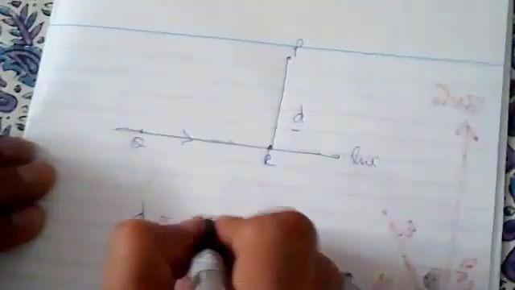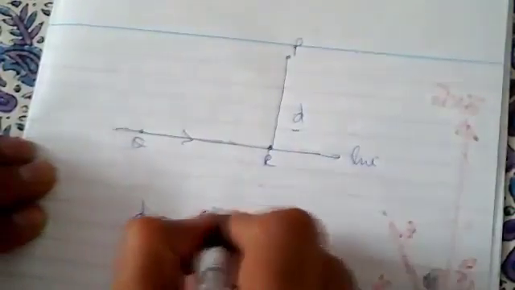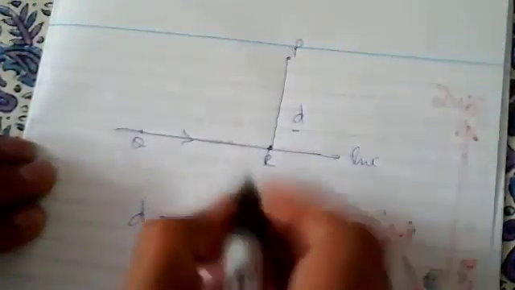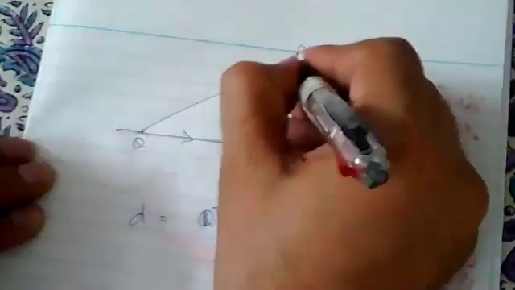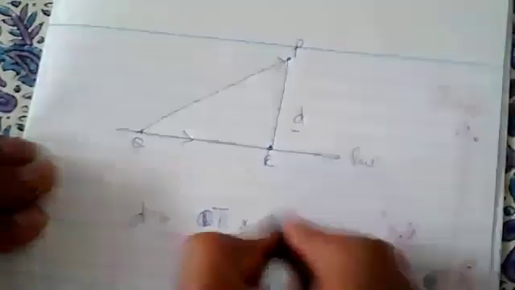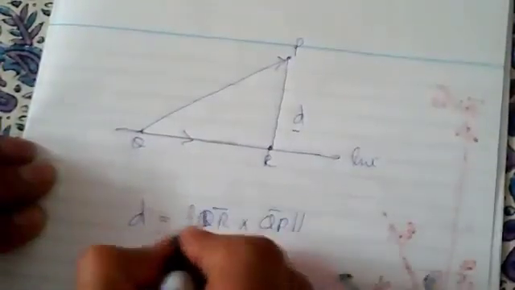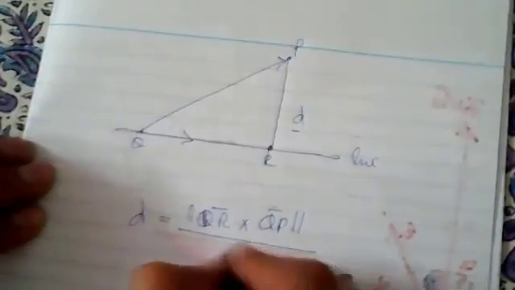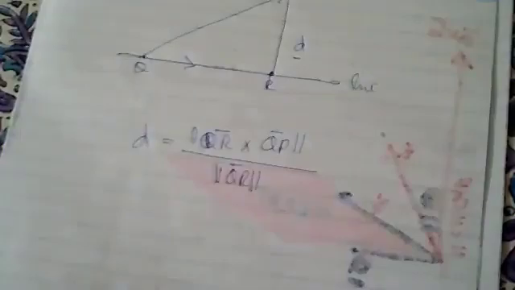Then the formula, the distance of the point from this line, will become the vector along the line, QR, cross the vector with that point, QP, magnitude over the magnitude of the vector along the line. Just this is the formula. Take the cross product, divide by the magnitude, you have the answer.